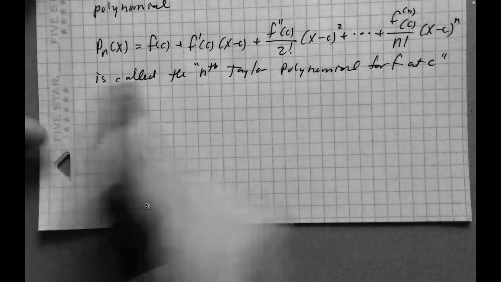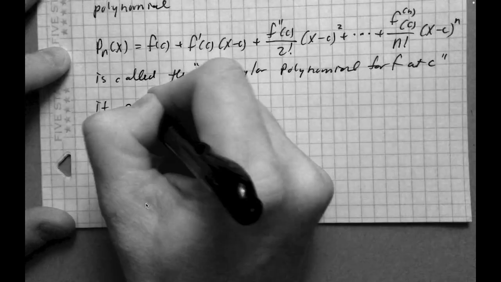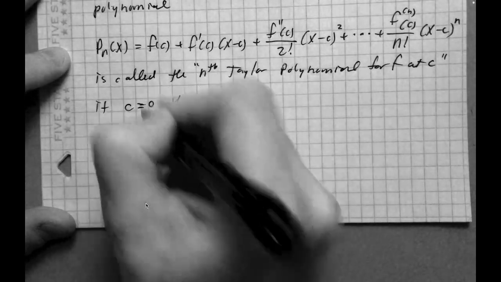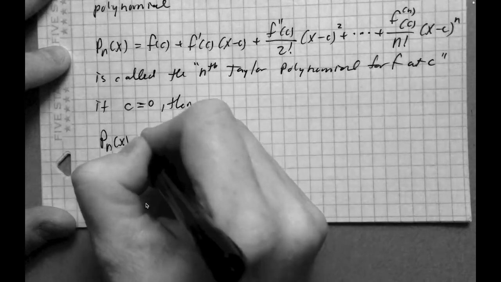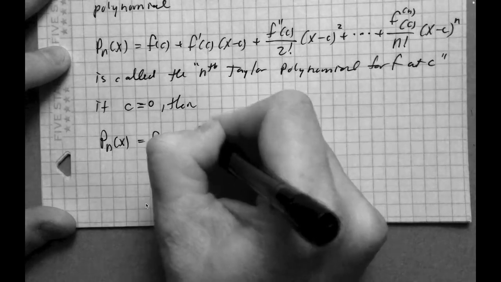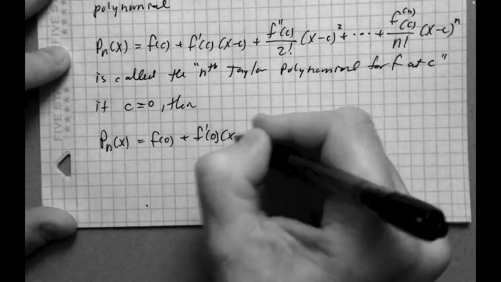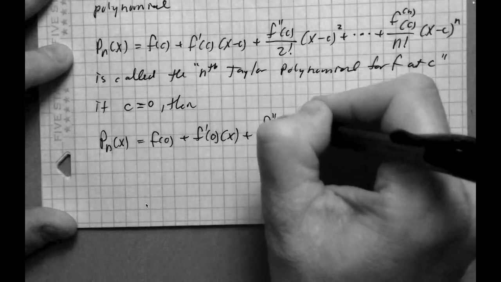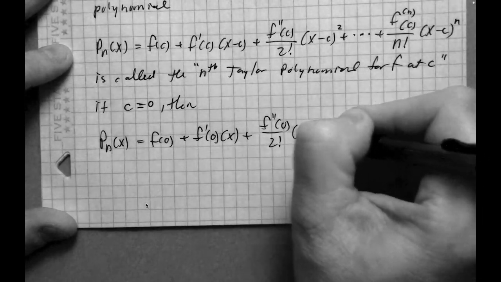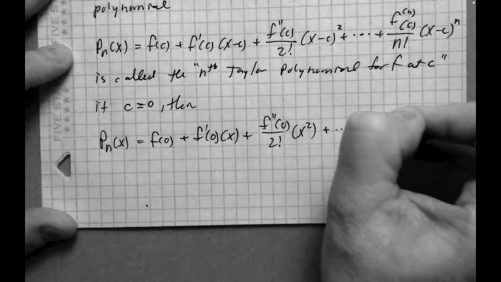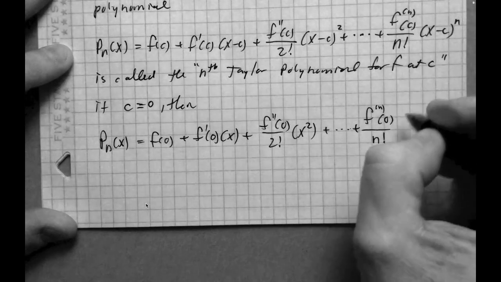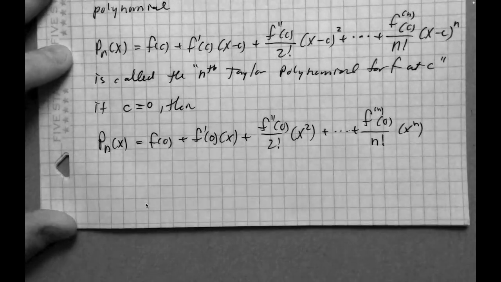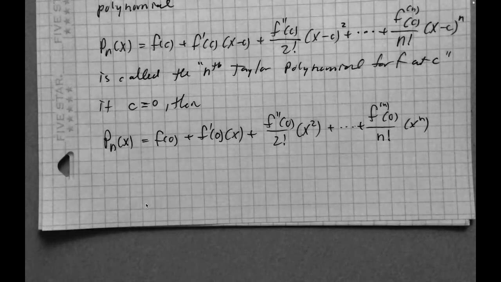Now, a special case: if c equals 0, then p sub n of x is equal to f of 0 plus f prime of 0 times x plus f double prime of 0 over 2 factorial times x squared plus dot dot dot plus the nth derivative evaluated at 0 over n factorial times x to the n. This is the case where the polynomial is centered at 0, and it has a special name.